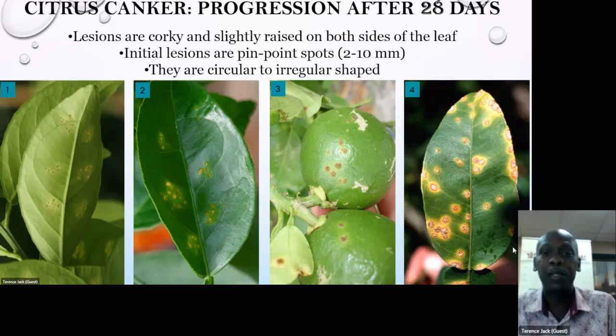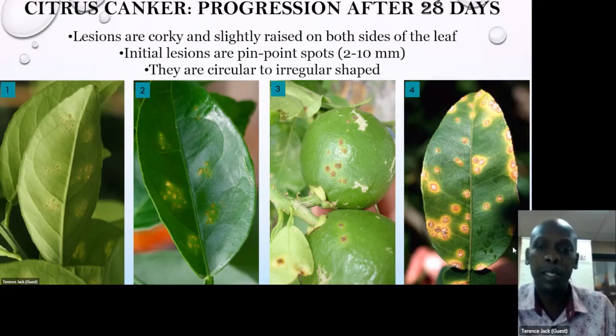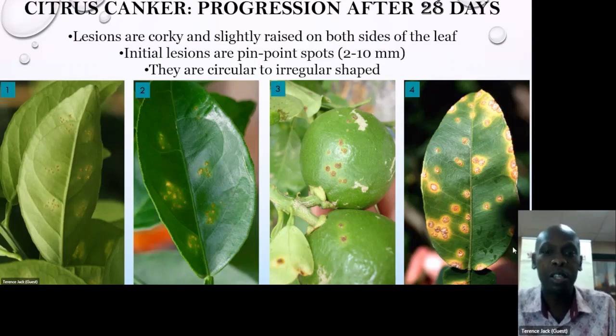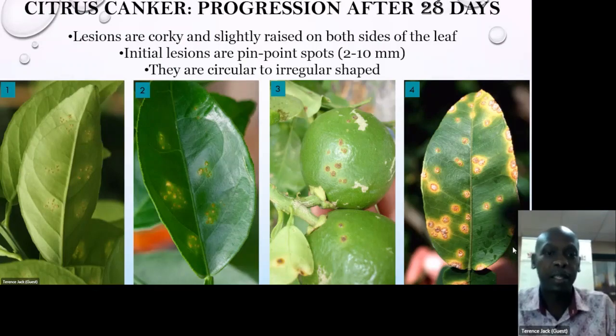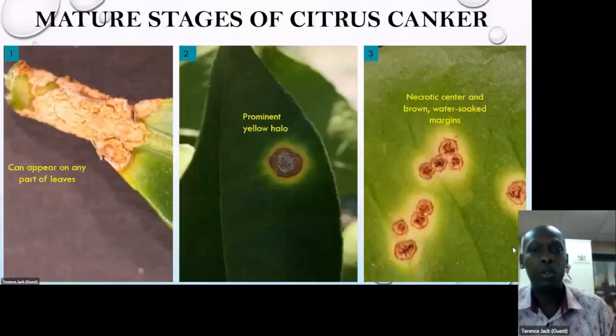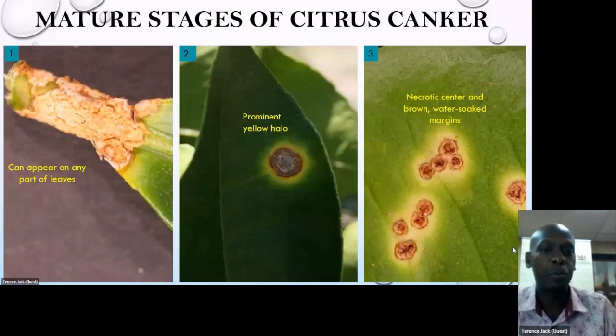And at the furthest end, you have a great illustration of citrus canker development after 28 days on picture illustration number 4. And you can always see that distinguishable yellow halo that is developing around the citrus canker lesion. The citrus canker lesion also develops on the fruit as well.